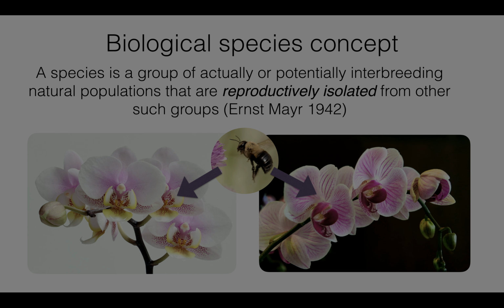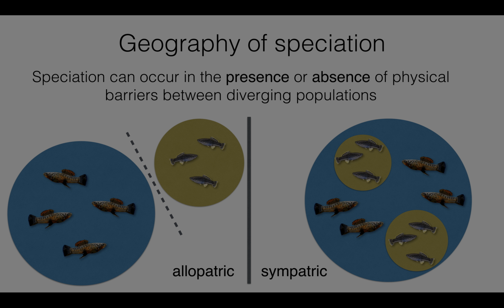That's because this is really helpful in thinking about reproductive isolation, because that is how speciation occurs and unfolds. This biological species concept defines a species as a group of actually or potentially interbreeding natural populations that are reproductively isolated from other such groups. So we're going to focus a lot on that reproductive isolation for the rest of the time.